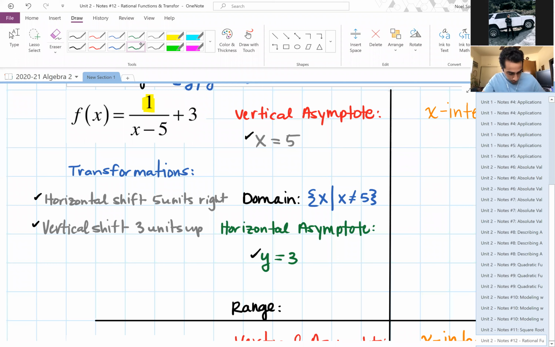For the range, similarly, look at the horizontal asymptote. The horizontal asymptote is at 3. So the one value along the y-axis that you can't reach is 3. So your range would be all y such that y does not equal negative 3.